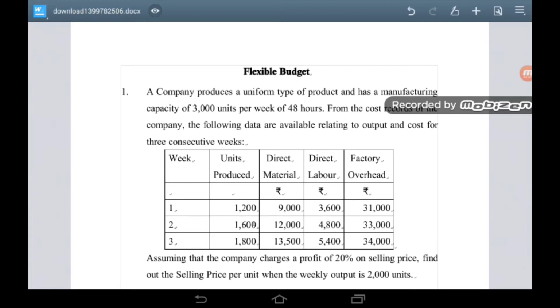Week 2, units produced 1600, direct material 12000 rupees, direct labor rupees 4800, factory overhead rupees 33000. In week 3, you have 1800 units produced, direct material cost rupees 13500, direct labor cost 5400 and factory overhead 34000. Assuming that the company charges a profit of 20% on selling price, find out the selling price per unit when the weekly output is 2000 units.